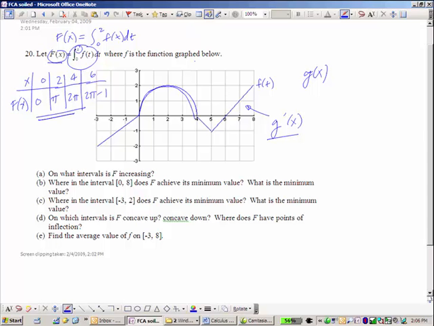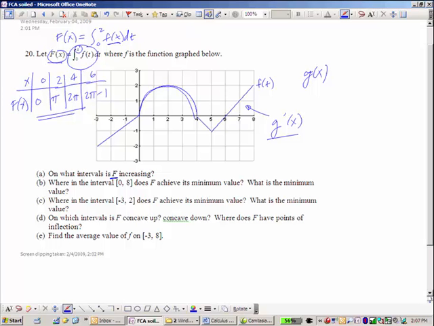Well, what's the definite integral of a derivative tell you? It tells you about the function. But wait, I thought f of t was the function. Well, it is, but we're taking the definite integral, and now we're talking about capital F of x. We're really just changing the names of the functions that we're calling.